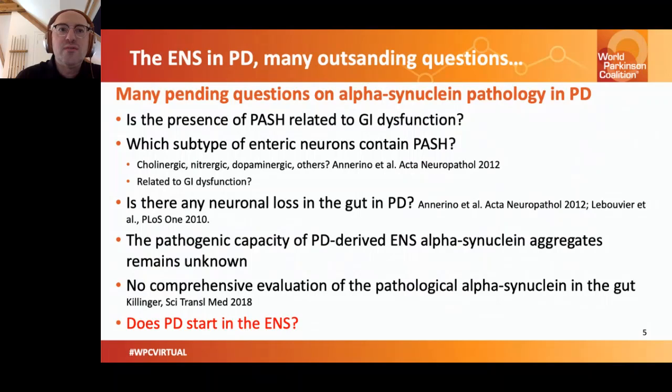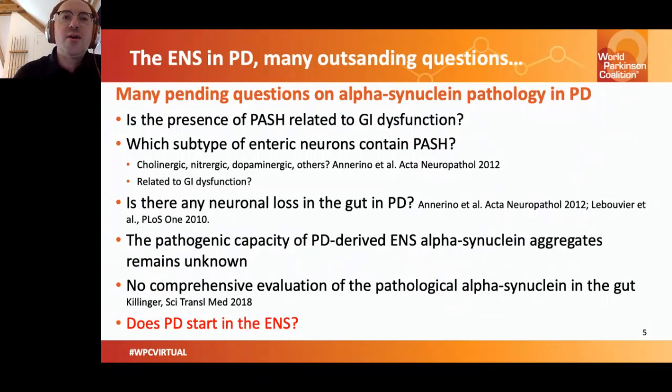We still don't know if the presence of PASH is responsible for neuronal dysfunction that would in turn lead to GI motility disorders. Another aspect: it is well known that Lewy bodies and alpha-synuclein purified from postmortem PD brains promote alpha-synuclein pathology and neurodegeneration when intracerebrally inoculated. However, the pathogenic capacity of enteric alpha-synuclein aggregates remains unknown.